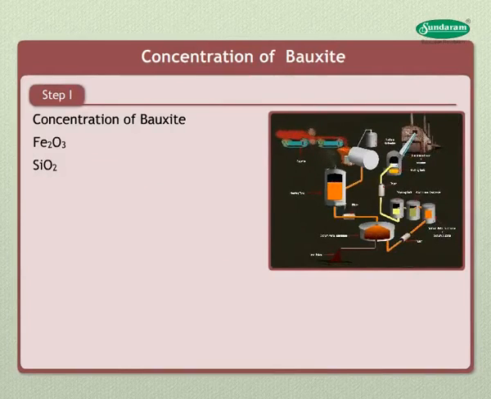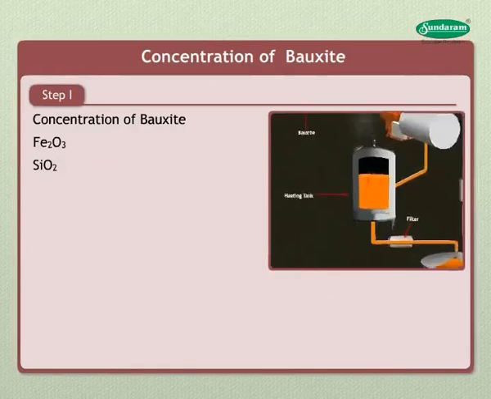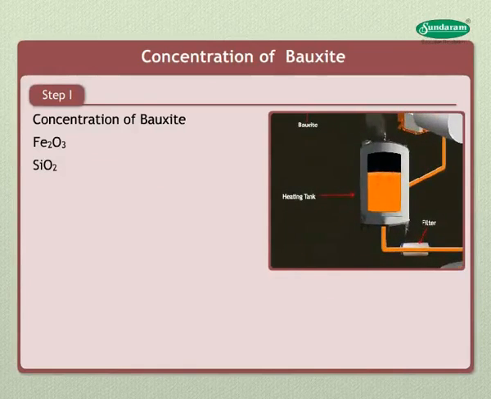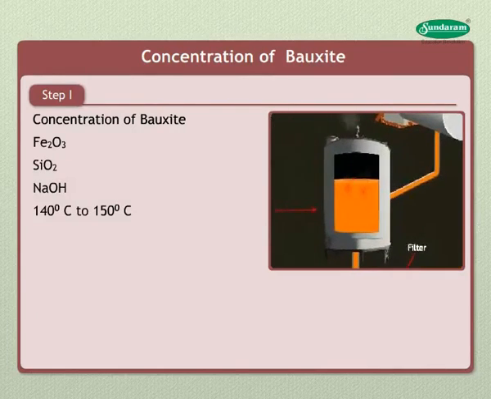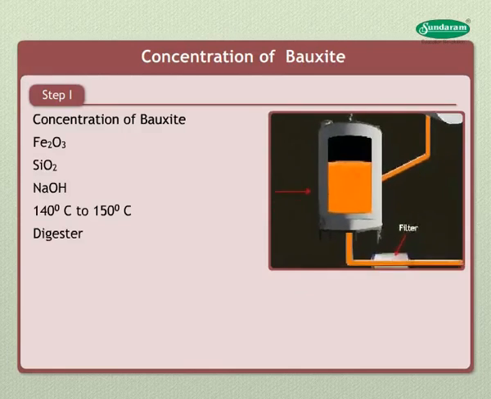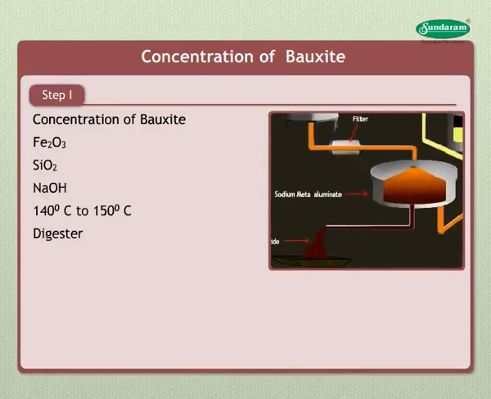In this process, the ore is first crushed and then treated with hot concentrated caustic soda, NaOH solution, under high pressure for 2 to 8 hours at 140 to 150 degrees Celsius in a tank called digester. Aluminium oxide, being amphoteric in nature, dissolves in aqueous sodium hydroxide to form water-soluble sodium aluminate.